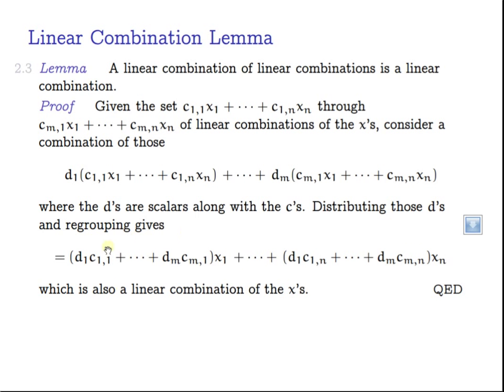And notice that this expression is a linear combination of x1 through xn. It's a sum of scalar multiples of the x's. So that completes the proof that this linear combination of linear combinations is itself a linear combination.